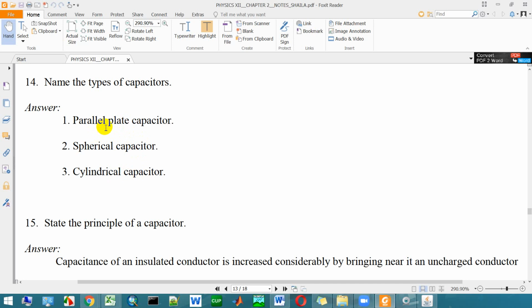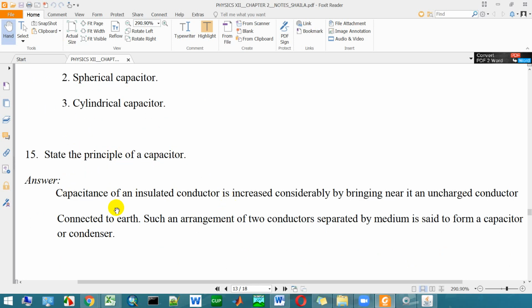In a parallel plate capacitor, the plates are placed parallel; in a spherical capacitor, the plates are in spherical form; and in a cylindrical capacitor, the plates are in cylindrical form. In any case, the principle of a capacitor you have to learn. A description is given, just go through it. I hope you will understand that.